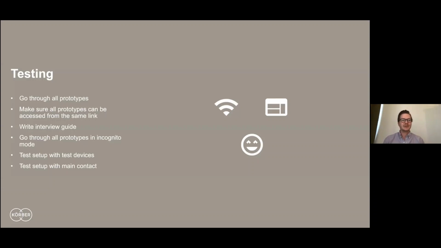We write an interview guide, go through all of the prototypes again in a way that the user would see it, and then test this with the devices and the main contact ideally. And this is what we do before every session, really. And it helped us a lot to overcome some of the things we ran into.